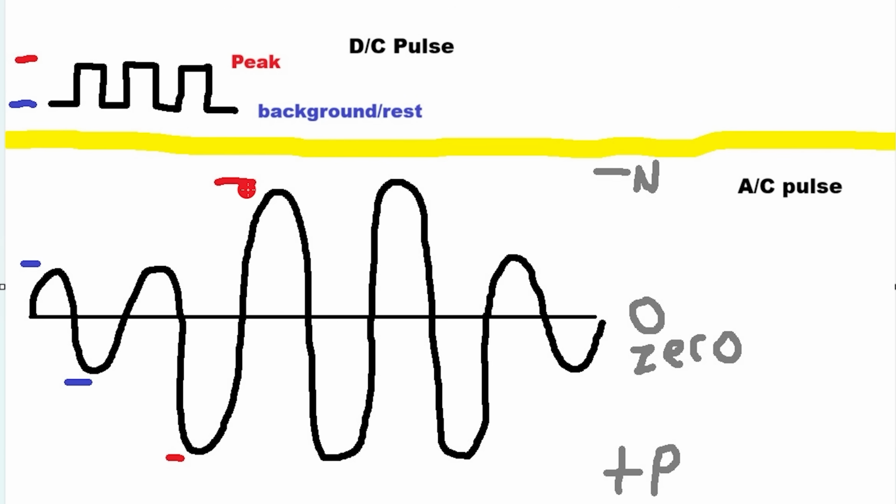Then when it pulses, it's going to go up to your peak current that you set. It's just that because it's an AC wave here, a sinusoidal wave, you're actually pulsing a current that is in a way pulsing itself.